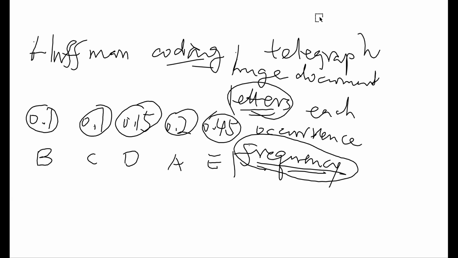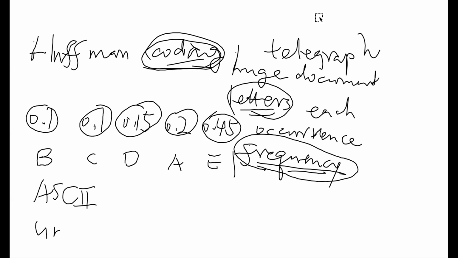Then we are going to use some coding scheme. For each letter, if you use ASCII code or Unicode: ASCII code is 7 bits, and basically you use 8 bits.